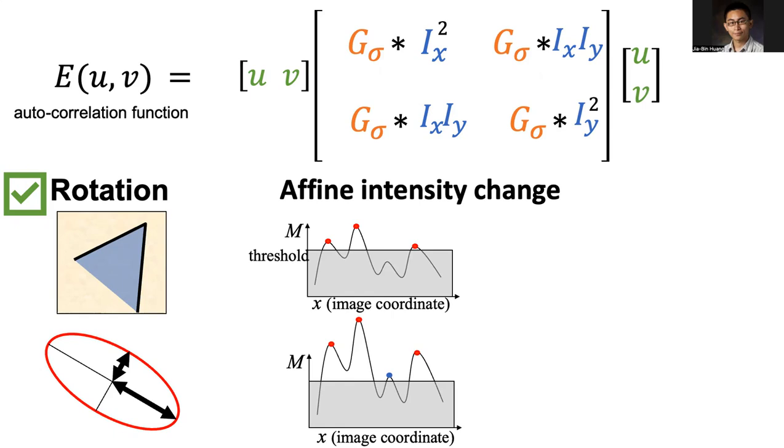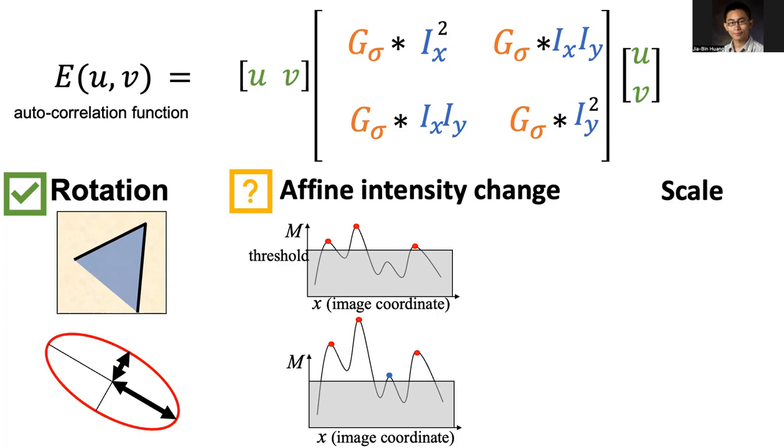If I change the offset, say I add 50 to the whole image, that's fine because the x and y gradients are the same. But if I change the scale, maybe increase or decrease the contrast, multiplying by 0.5, then it will behave differently because the x and y gradients will change. So it's invariant to intensity shift, but not invariant to intensity scaling. So it's partially invariant.